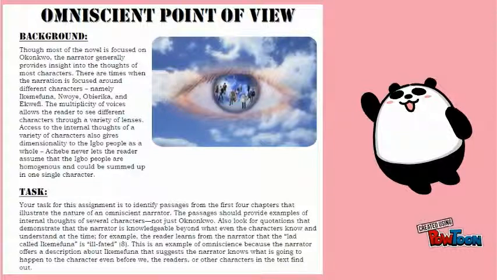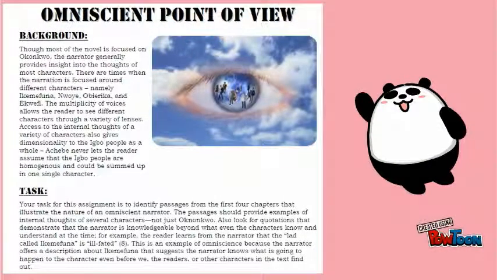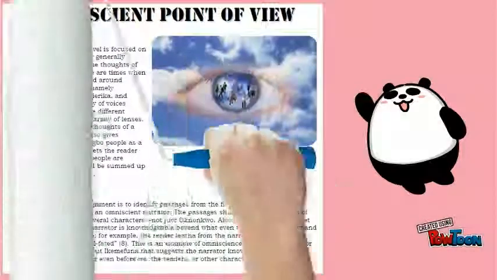For example, the reader learns from the narrator that the lad called Ikemefuna is ill-fated. This is an example of omniscience because the narrator offers a description about Ikemefuna that suggests the narrator knows what's going to happen to the character even before we, the readers, or the other characters in the text find out.